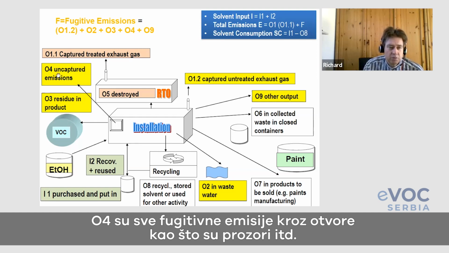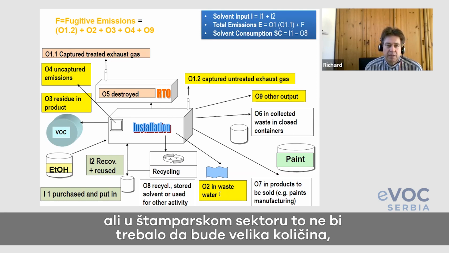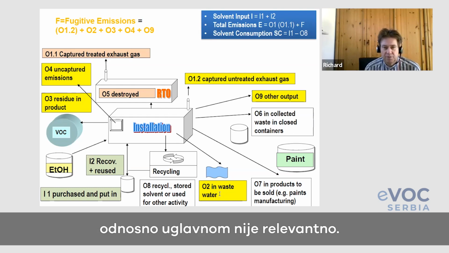Here, O4, those are all the emissions that are fugitive, like from windows, openings, and so on. Yes, there's another one, O2, that is VOC that will be discharged in the wastewater. But normally for the printing sector, that should not be a large quantity or not relevant in most cases.